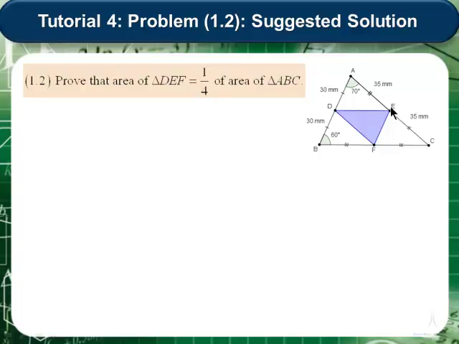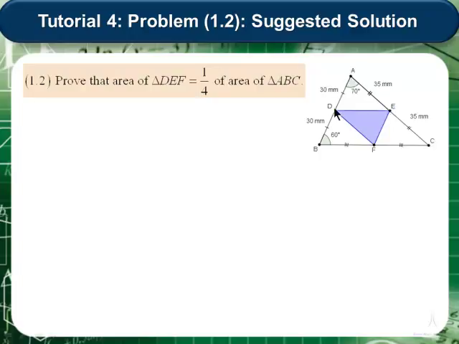I hope you can see why. Because remember, we know that DE is parallel to BC, EF parallel to AB, and DF parallel to AC due to the midpoint theorem. So therefore clearly quadrilateral ADFE is a parallelogram.